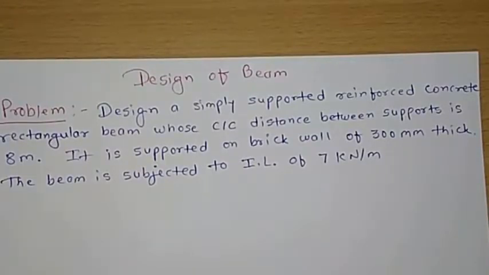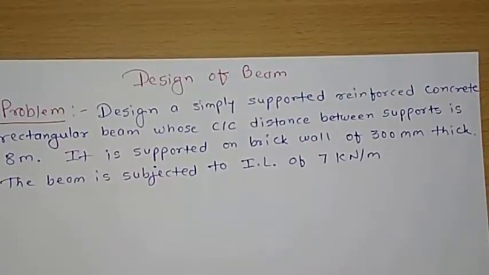So that's the problem. Design a simply supported reinforced concrete rectangular beam with center to center distance between supports of 8 meter, supported on brick wall of 300 mm thickness. Now the beam is also subjected to imposed load of 7 kN per meter.